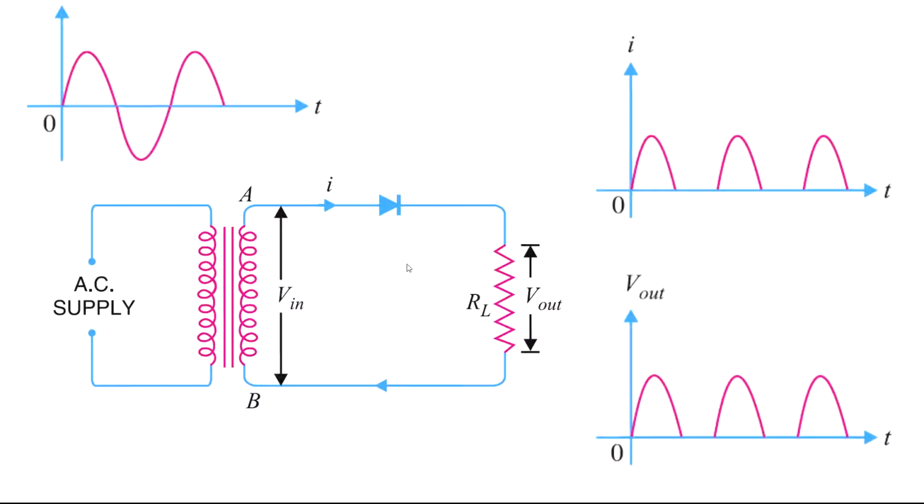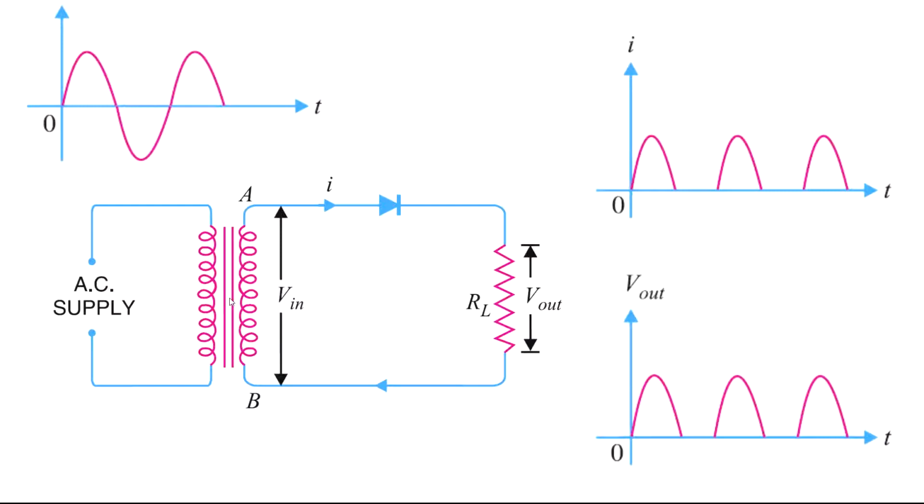The diode is a solid state switch. That means it will allow current in only one direction, from anode to cathode, in the forward biased condition, when the anode is more positive than the cathode. And when the cathode is at higher potential compared to the anode, it will not conduct.